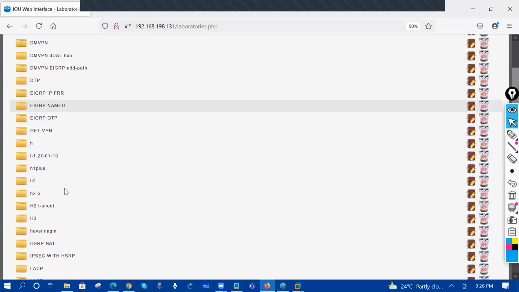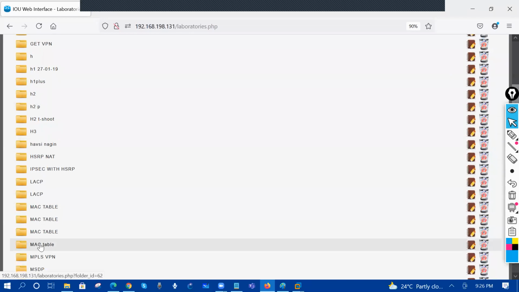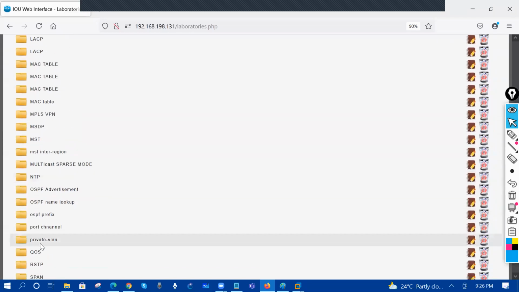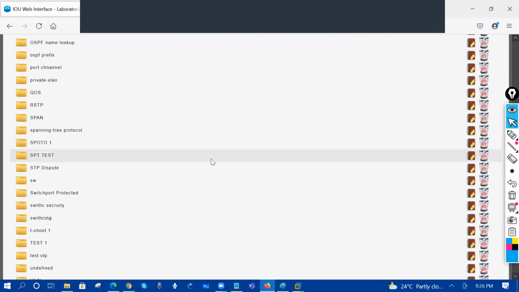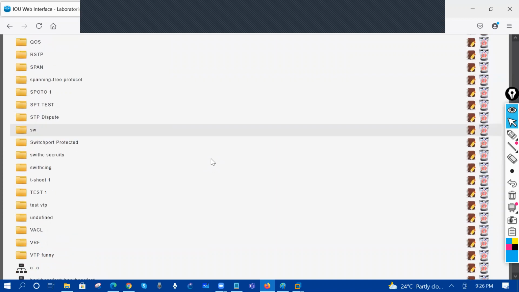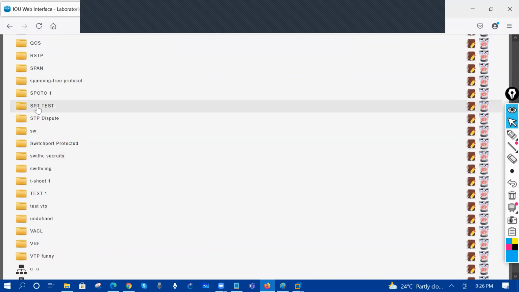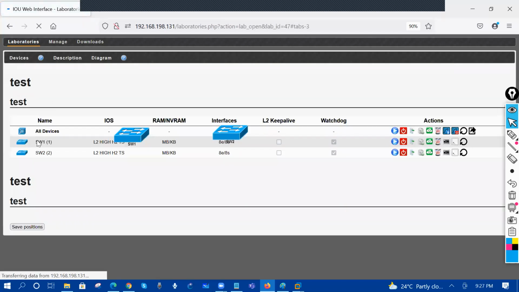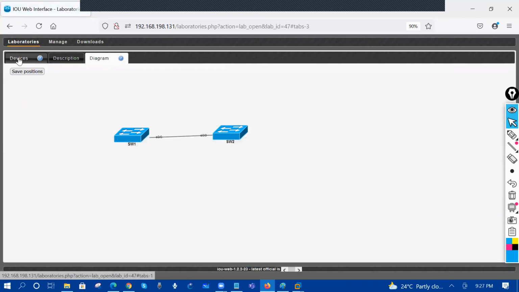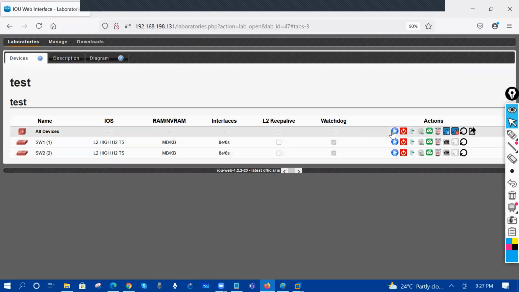Open the spanning tree one. Device started.